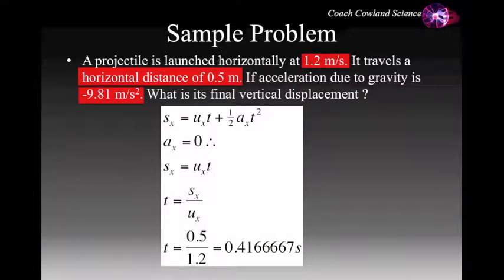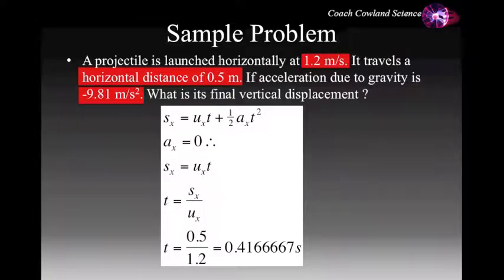First I find how long it took to fall. The easiest equation for this is s equals ut plus 1/2 at squared. Because I know acceleration in the x is equal to 0, this simplifies to s is equal to ut. Solving for t, I find the time is equal to 0.4166667 seconds.